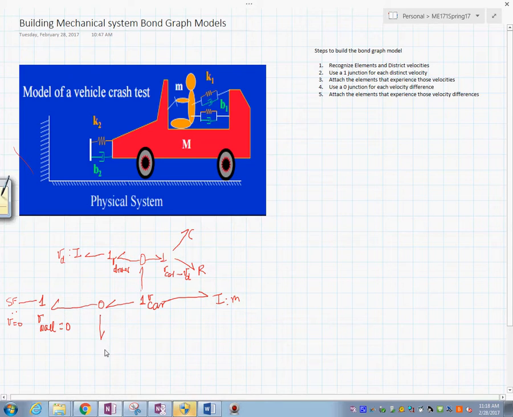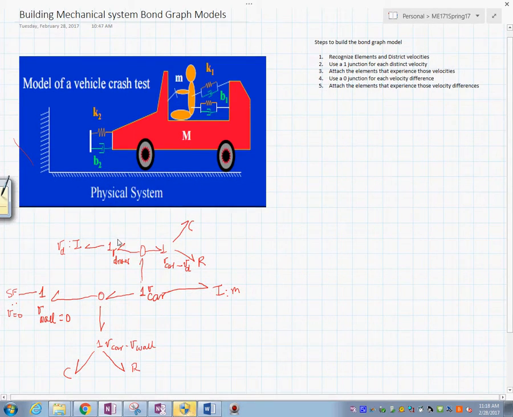So this will be between the velocity of the car, and in here we're going to have the C element, which is the bumper stiffness, and then there's of course the R element, which would be this other element right here.